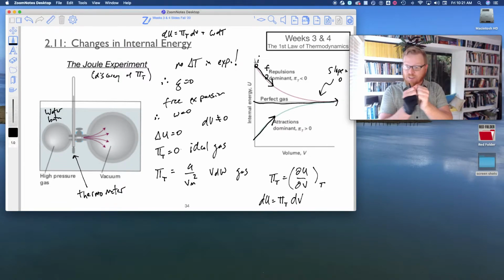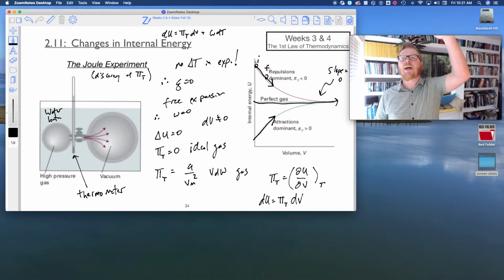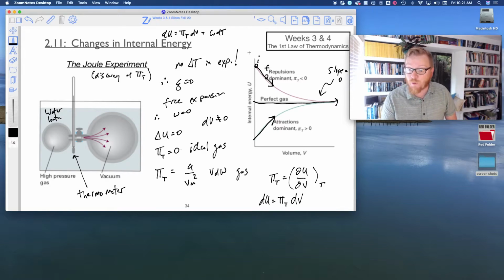And so if we're expanding these gas particles and the internal energy is dropping to a more favorable outcome, then we know from that initial condition repulsive forces must have dominated.